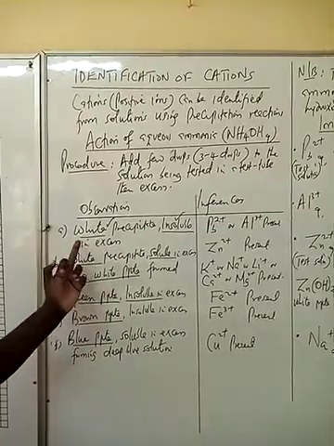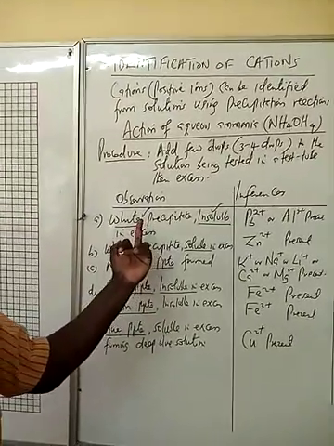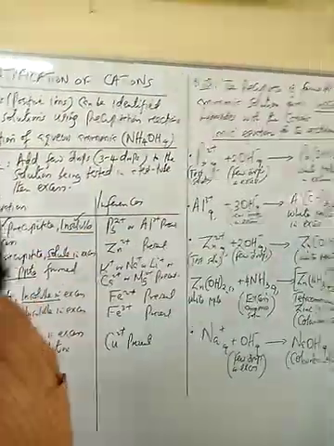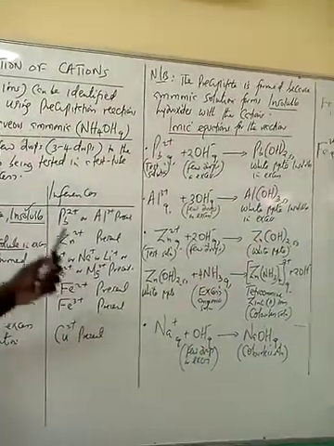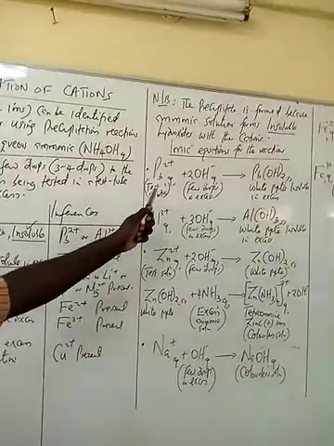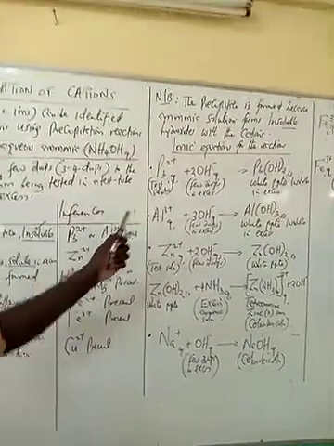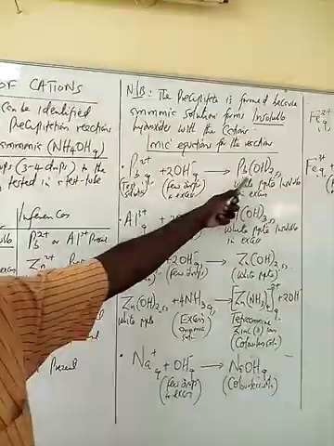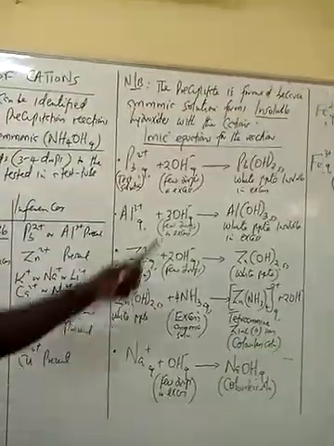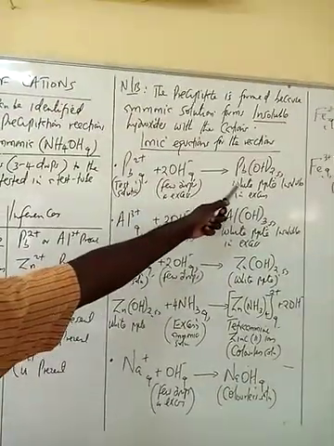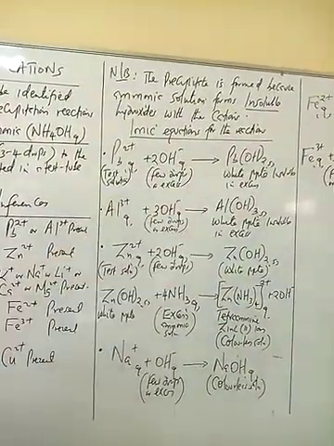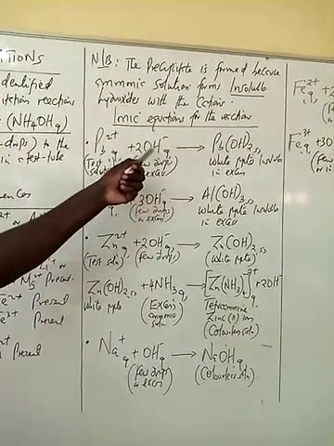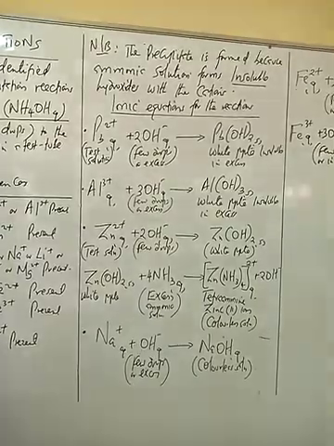So why is the precipitate insoluble? If you look at our equation, let us start with lead. Lead will react with the hydroxide of ammonia to form lead-2 hydroxide. So this is the ionic equation. The lead-2 hydroxide formed will not be soluble in excess ammonia solution.